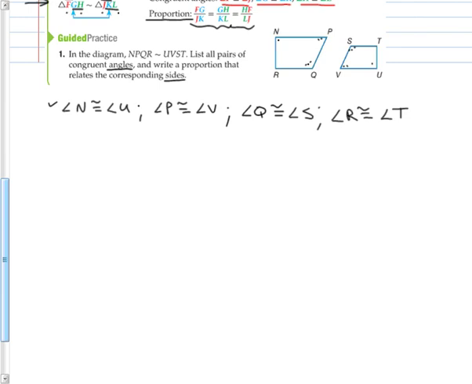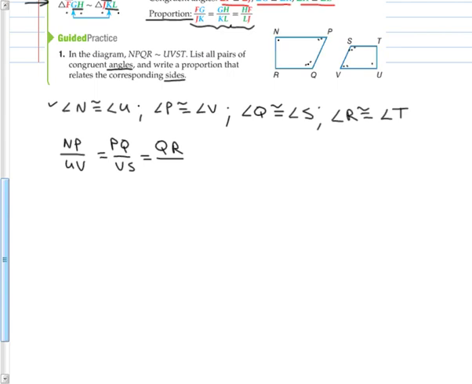So there is the statement of all pairs of congruent angles, and then they want the proportional statement with all the sides. So I'm going to start with NP. NP corresponds to UV, which is going to be proportional to, I'm going to move on to PQ. PQ goes with VS. Then I'm going to move on to QR.